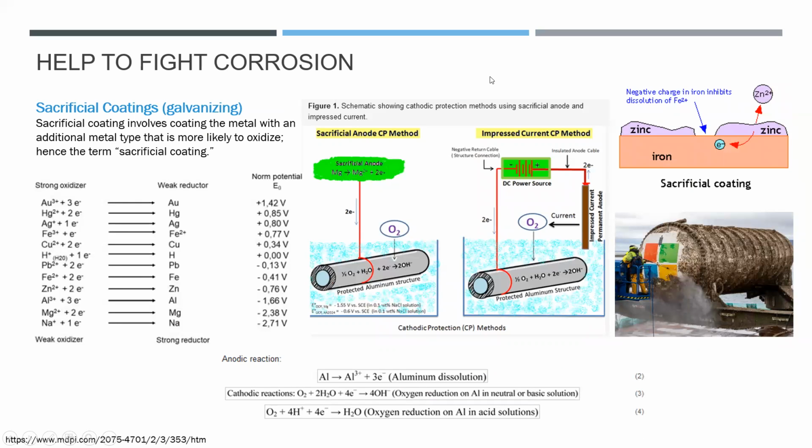The last one I want to talk about is the sacrificial coating. As we have seen in the electrode potential table, the metal with the lower electrode potential loses electrons more easily, and with a higher one it's harder.